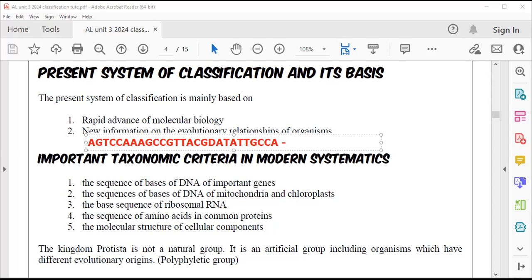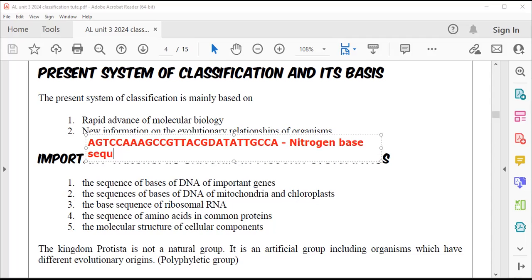This order, A, after A, G staying, after G, T staying, after T, C staying, this order is very important. That is the nitrogen base sequence.